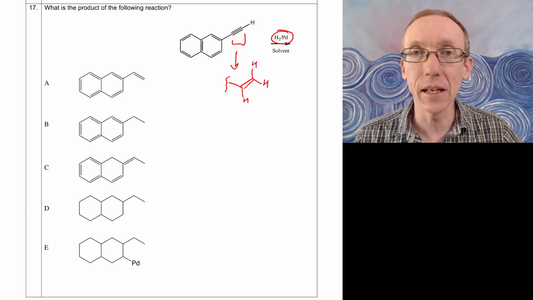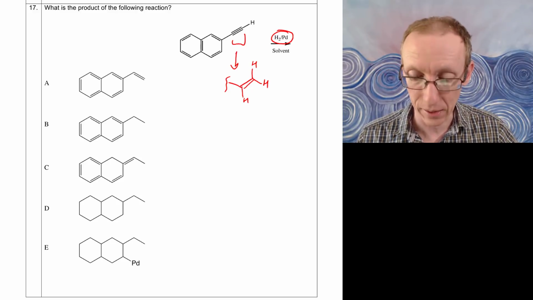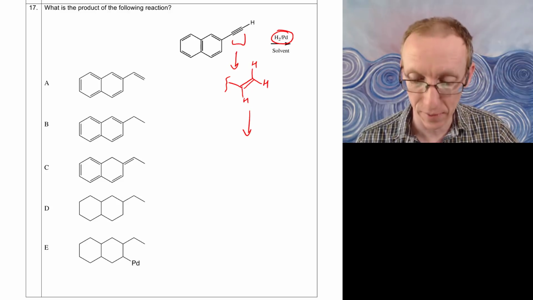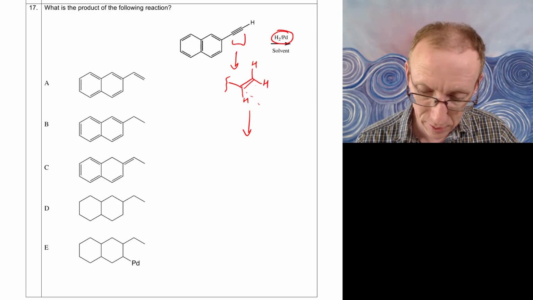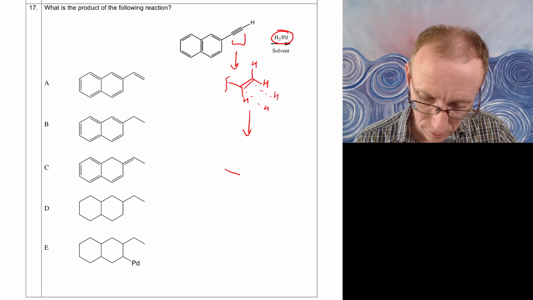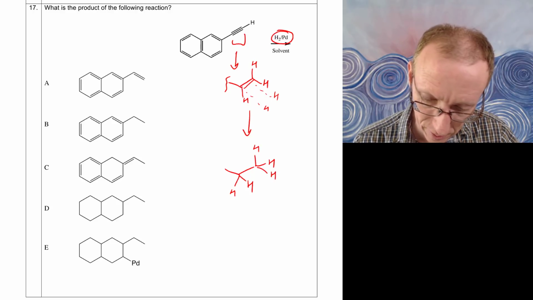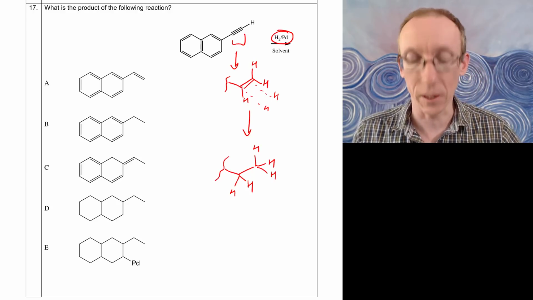However, it doesn't say Lindlar's catalyst, it just says palladium catalyst. And so when we form that alkene, it will actually add an extra set of hydrogens across that double bond there. And so we would end up with 2 hydrogens here and 3 hydrogens here attached to that aromatic ring.